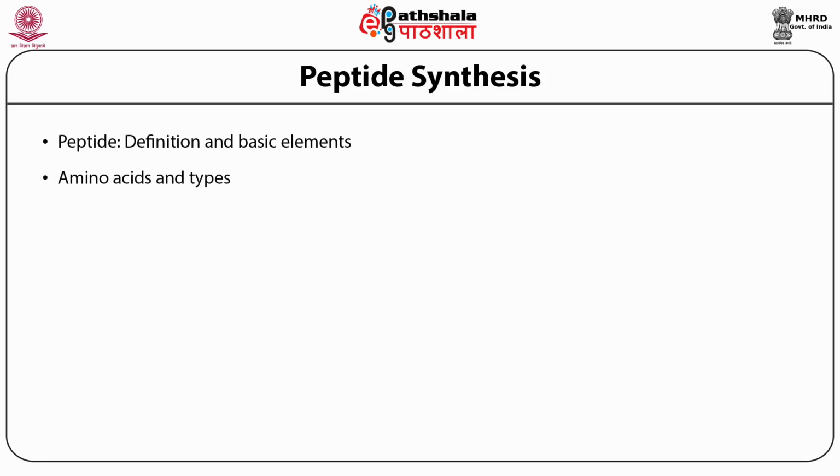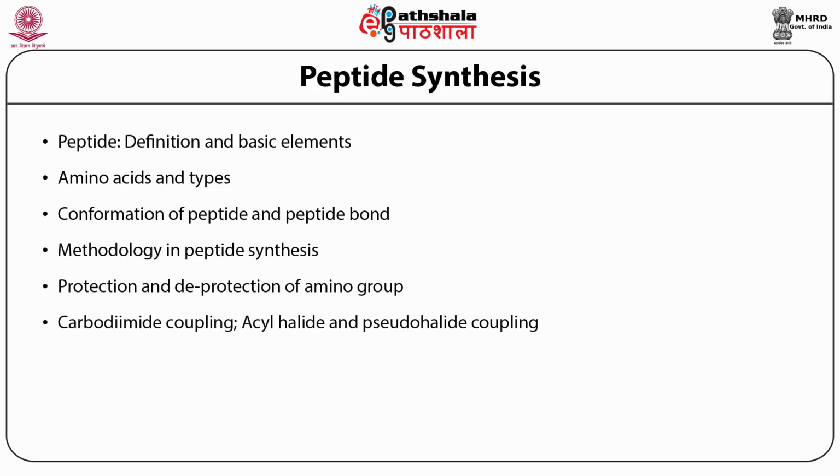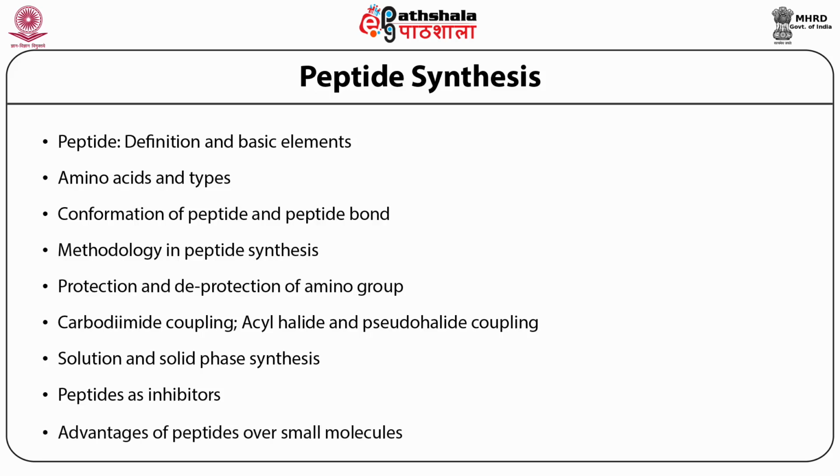We would describe the amino acids and the types of amino acids, conformation of peptide and peptide bond, methodology in peptide synthesis, protection and deprotection of amino group, carbodiimide coupling, acyl halide and pseudo-halide coupling, solution and solid phase synthesis, peptides as inhibitors, and finally, we would be understanding the advantages of peptides over small molecules as drugs.